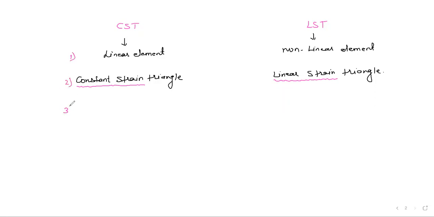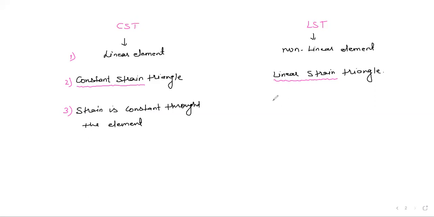Now coming to the third difference. What is the difference? As the name suggests, in CST the strain is constant throughout the element.